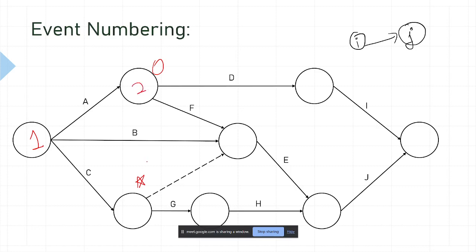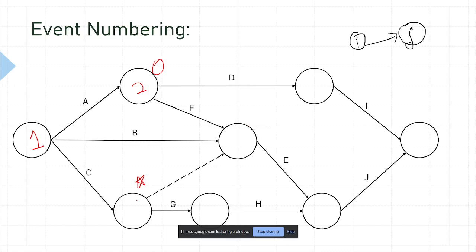Now, which should be the event number 3? The event of C, right? Can we mark it here? No, sir, because that comes from left to right, right? I thought as we go along the x-axis, the number should sort of increase, right? No. C is the connecting activity.